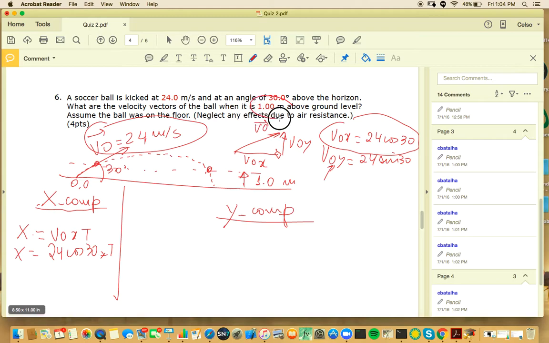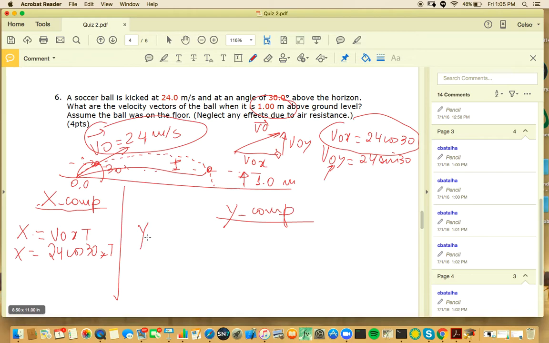probably we want to need y because we want to find the velocity at 1 meter. When it's 1 meter, there is a time that it takes the ball to go all the way here, and another time that it takes to go all the way there. So it might end up with 2 good times to deal with. So let's do that.